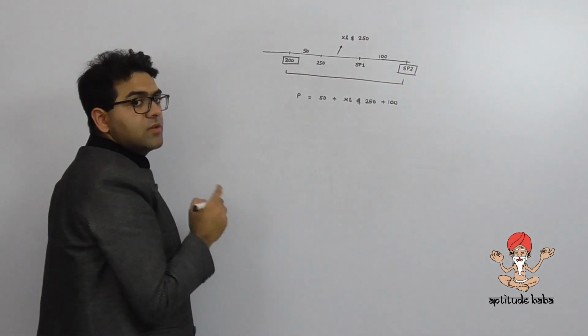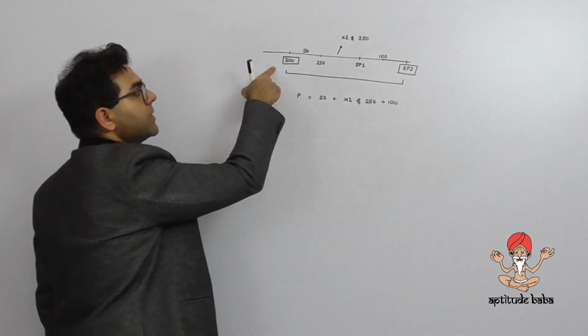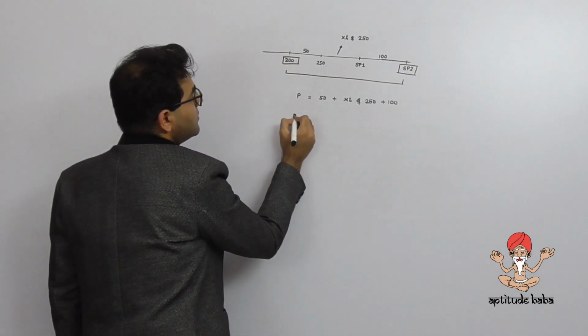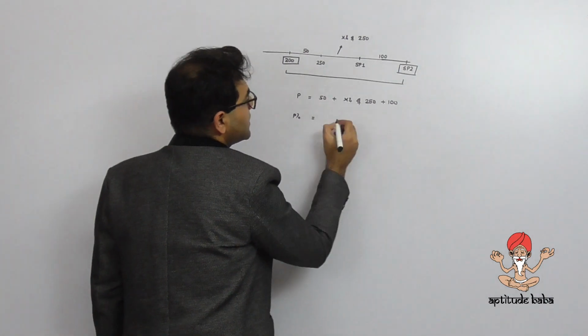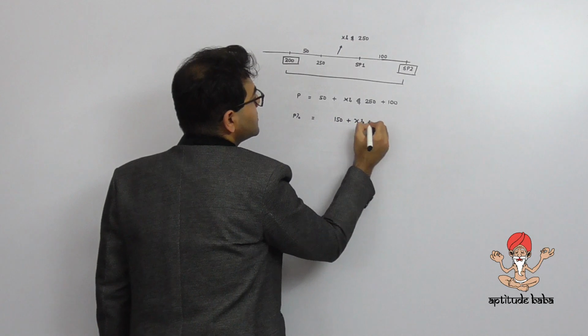Now if you're defining profit percentage, this entire profit has to be defined with respect to the original cost price of 200. So I define profit percentage as profit which is 50 plus 100, 150, 150 plus X% of 250.